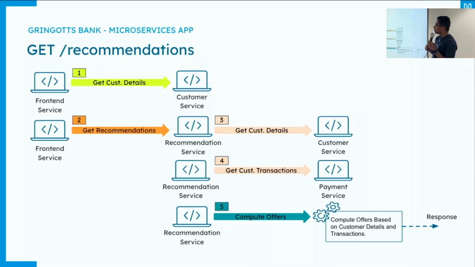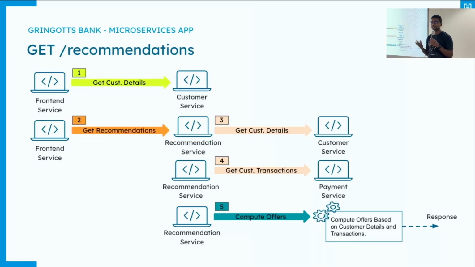When we invoke the recommendations API of the front end service, it makes a call to the customer service internally and gets the customer details to verify and validate the customer. Once it gets the customer details, the front end service asks the recommendation service to provide recommendations for that customer.